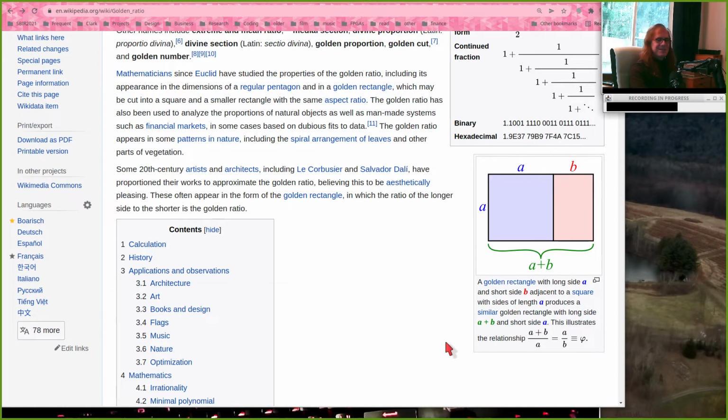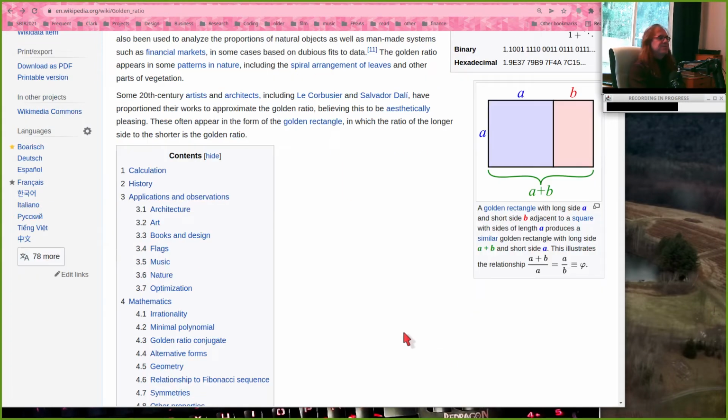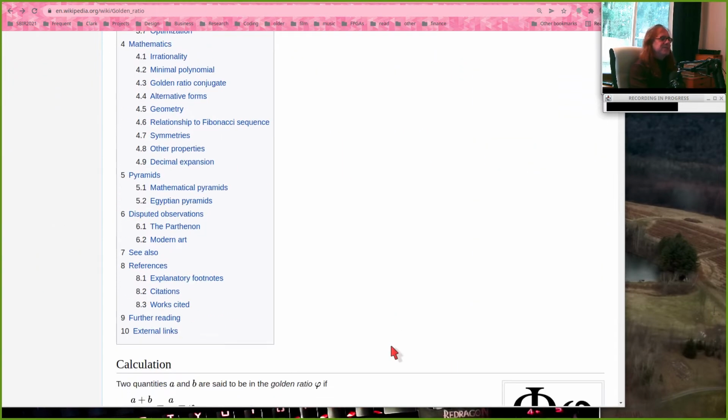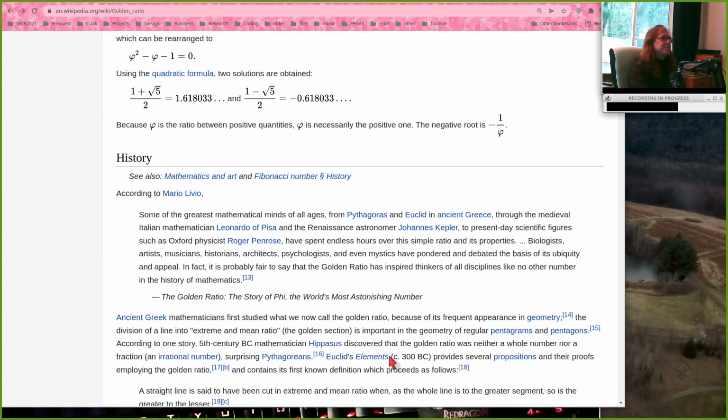And you know, Leonardo da Vinci, if you look at any of his creative works, they're filled with this golden ratio. It's a very aesthetically appealing way to scale things in 2 dimensions. Very aesthetically appealing to humans.